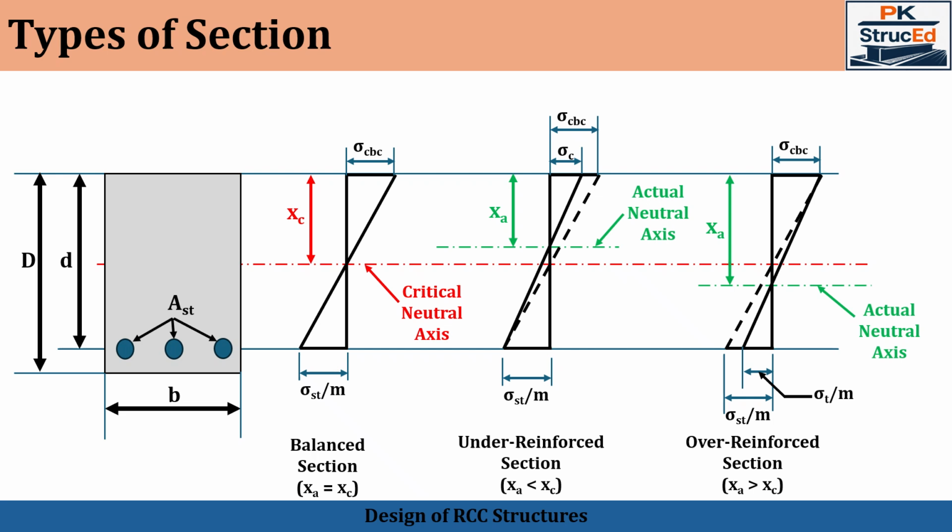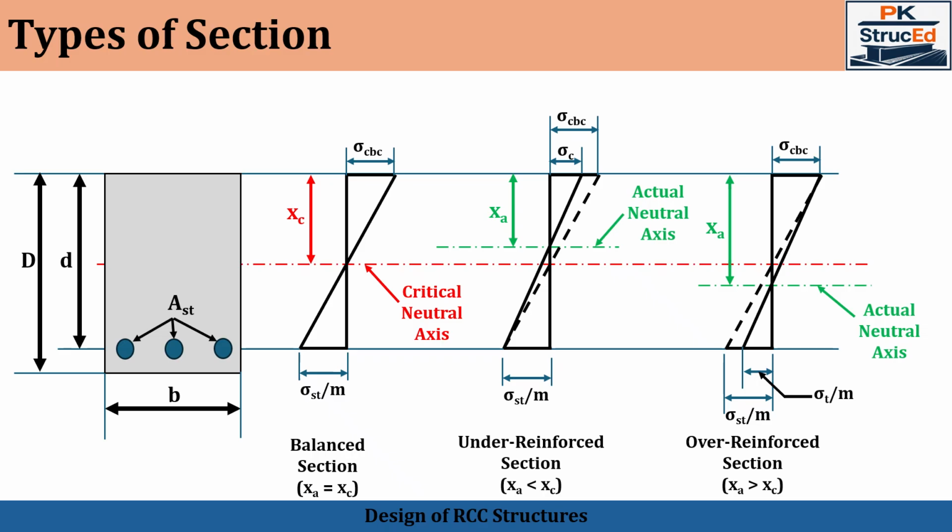Now assume that this beam is simply supported and is subjected to transverse loads such as uniformly distributed load or point loads. Due to the bending action, the beam undergoes curvature. Because of this bending, the top fibers of the beam are subjected to compression and the bottom fibers of the beam are subjected to tension.